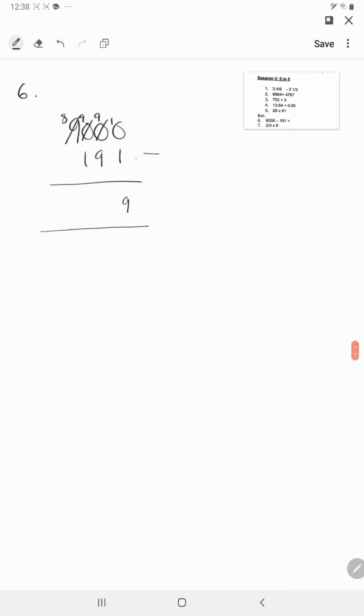And we have 10 subtract 1 now, which gives you 9. 9 subtract 9, which is 0. 9 subtract 1 gives you 8, and 8 subtract 0 gives you 8. So your answer is 8,809.